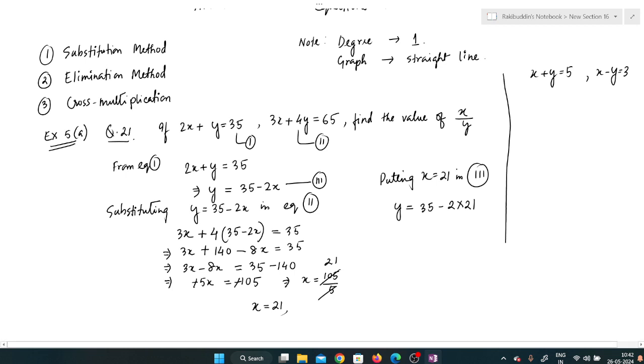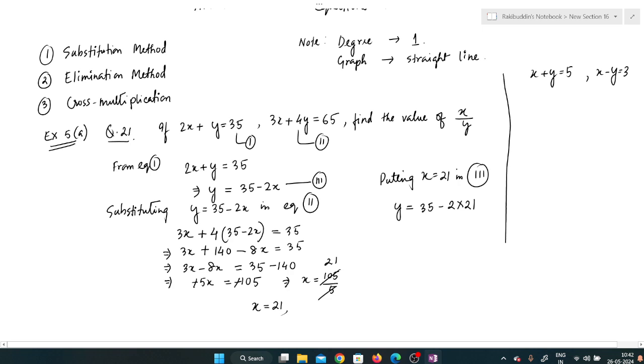Am I doing something wrong? 5x, 521, 35 minus 2x. Let me check the values once again.